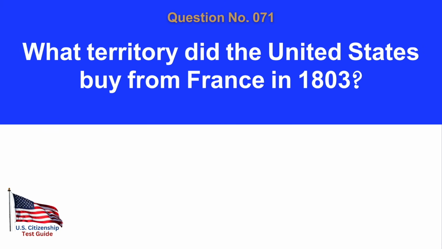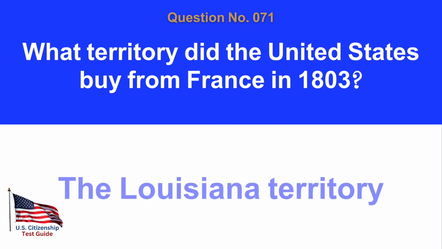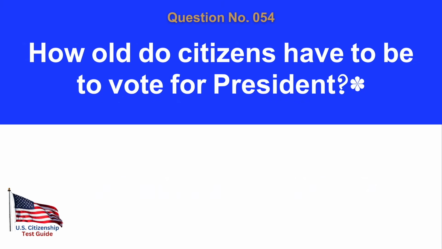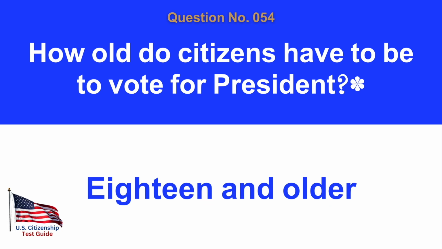What territory did the United States buy from France in 1803? The Louisiana Territory. How old do citizens have to be to vote for president? 18 and older.